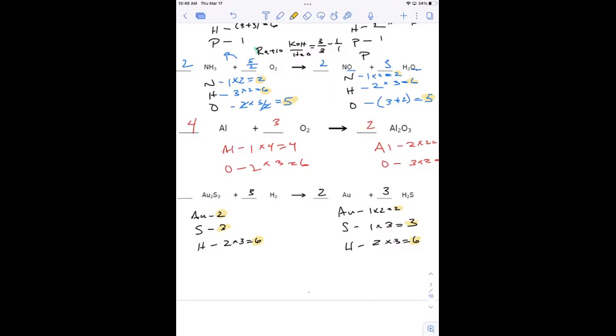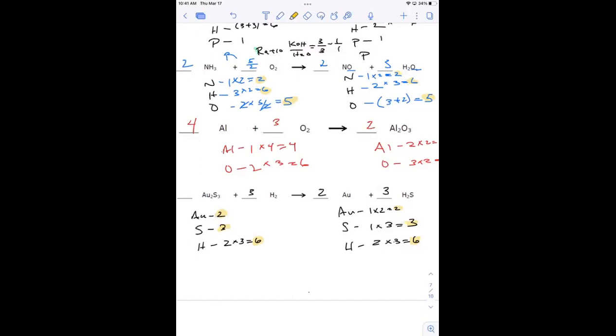If you start at gold, you're still going to have to work your way through the other atoms, because once you balance that gold, that would be it. That's why I started with sulfur, so we can touch 2 of the atoms at the same time to see how that would affect the reactant side.